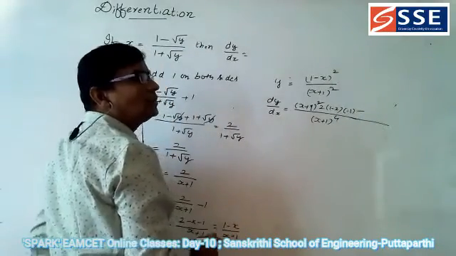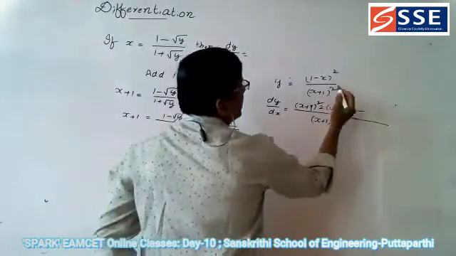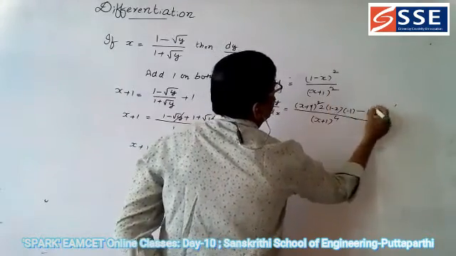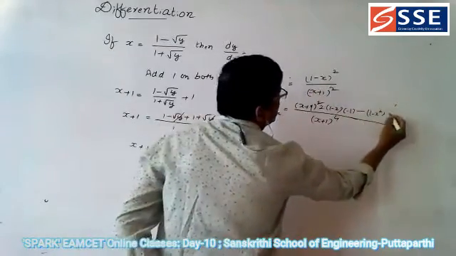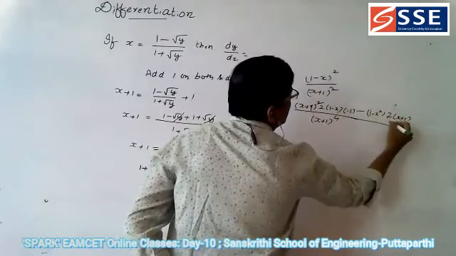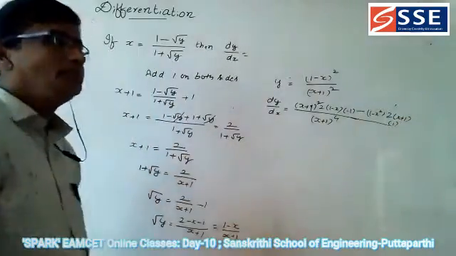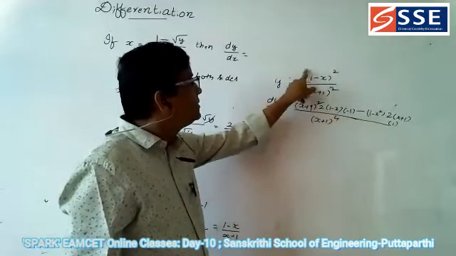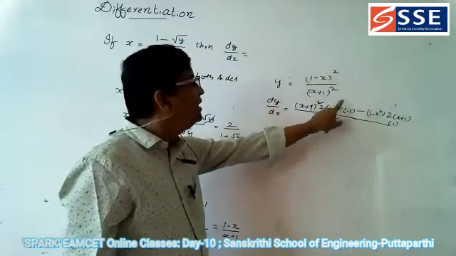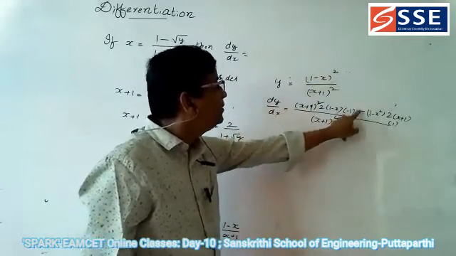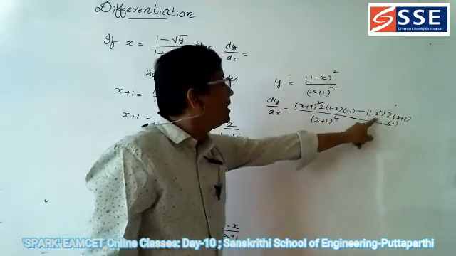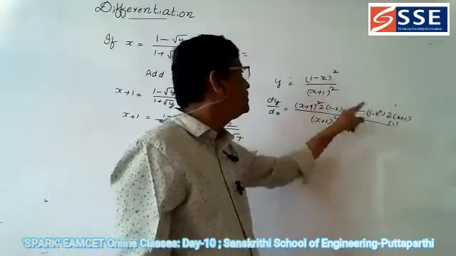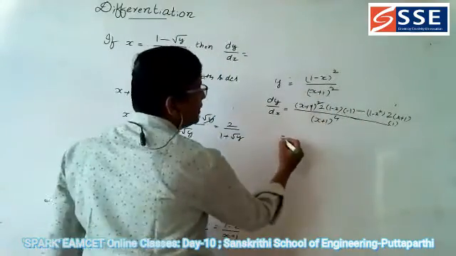Minus, (1 minus x) square, keep like that, and differentiation of this, 2 into (x plus 1) into 1. Okay, u by v method. So v square, this term into differentiation of this, again differentiation of this one equals minus 1. (1 minus x) square is kept constant, and differentiation of this, 2 into (x plus 1) into differentiation of x is equal to 1. Simplify it now.